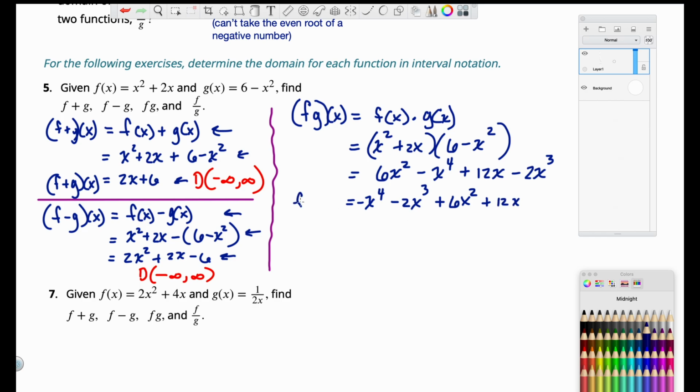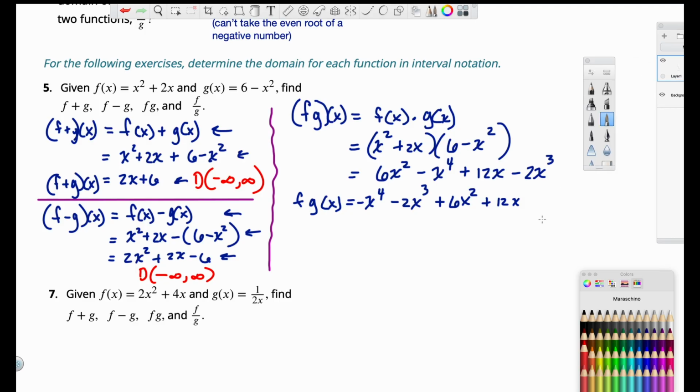Okay, that's fg of x. And I don't see any restrictions here on this domain. Last one. Okay, we're dividing here, so I think this is a red flag.